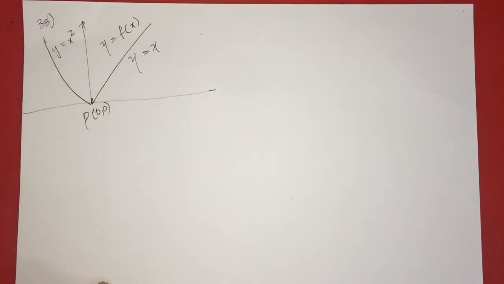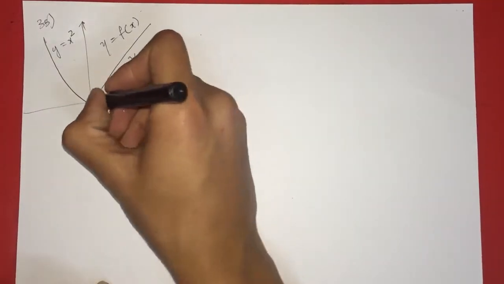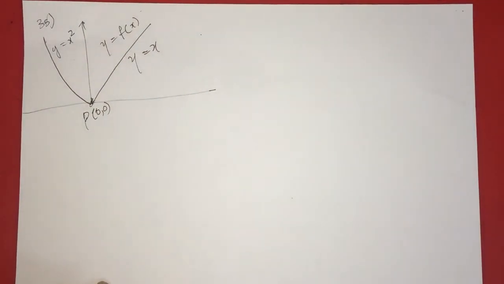When you do that, the left hand derivative is not going to be equal to the right hand derivative, and that states that although this function is continuous, its derivative does not exist at point P, that is at the origin.